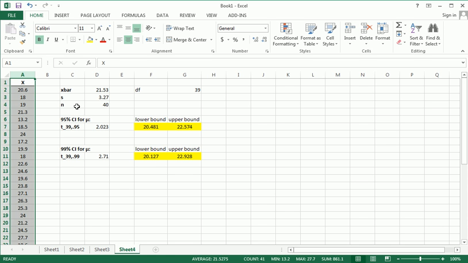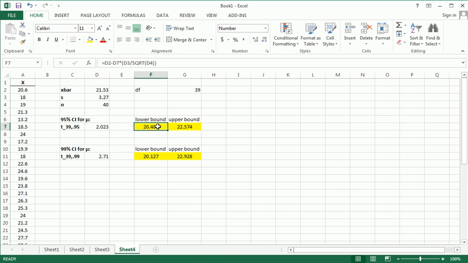So if we were to take random samples of this specific size over and over again until we had every possible sample of size 40 from this population, and each time we took a sample, we not only computed X bar, not only computed sample standard deviation, but also went ahead and created a 95% confidence interval, we would end up with many different confidence intervals, one for each sample that we collected.